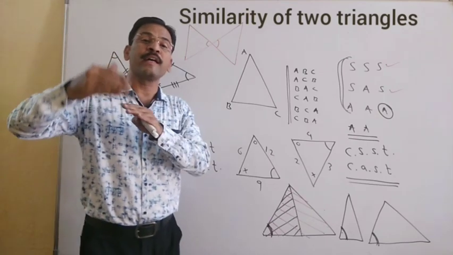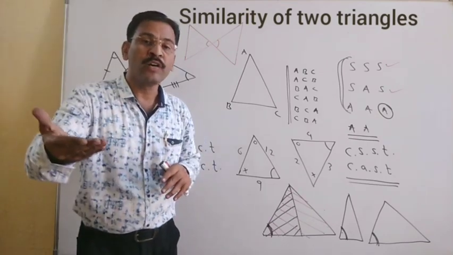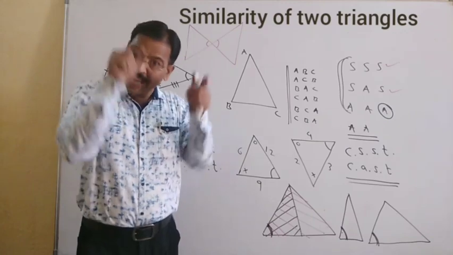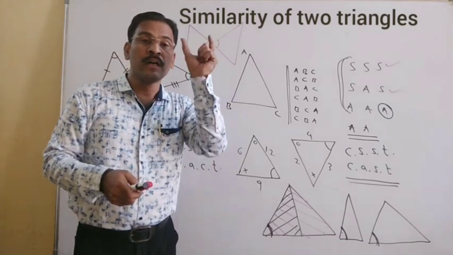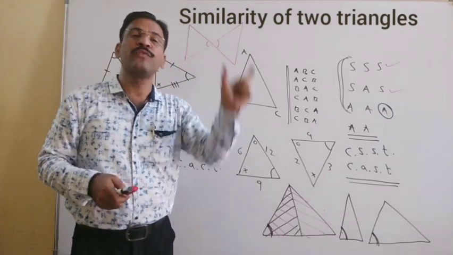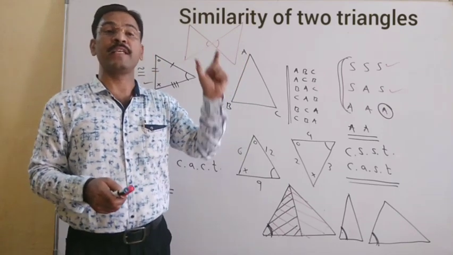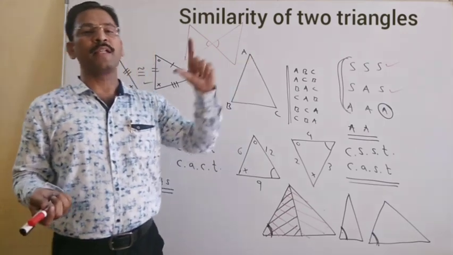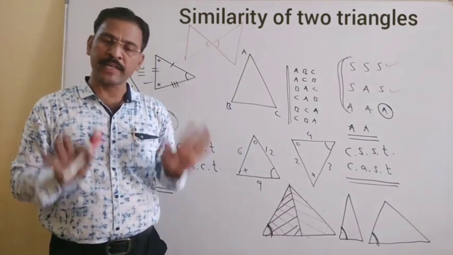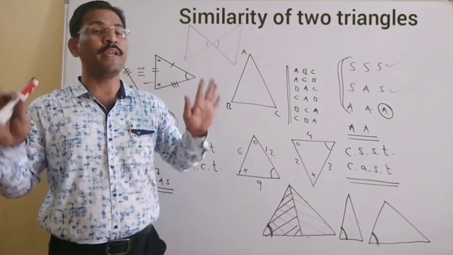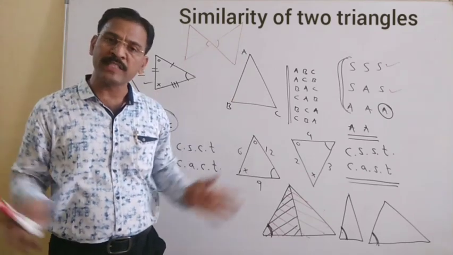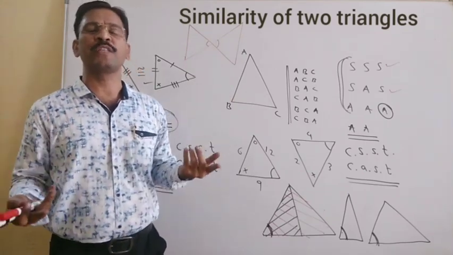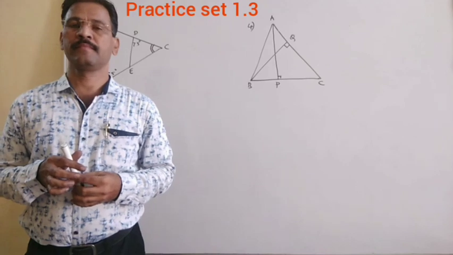If we take the corresponding sides ratio, it is exactly 1:1. That means when the corresponding sides of two given similar triangles are in the ratio 1:1, we can say the two triangles are congruent. Understand? This is very, very important. So by using all this information, we are going to solve some examples.